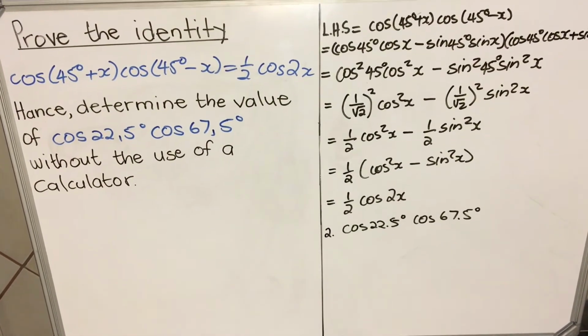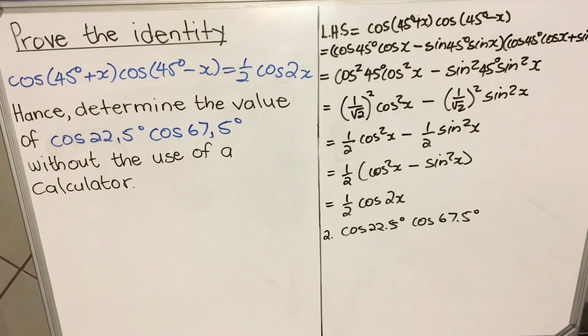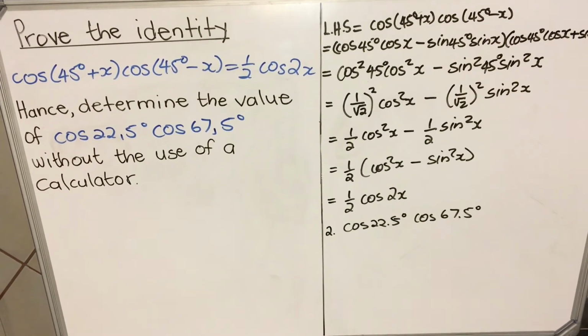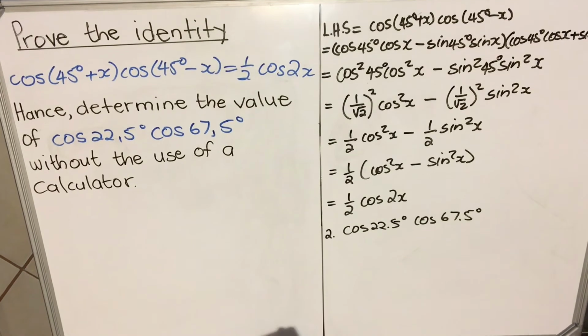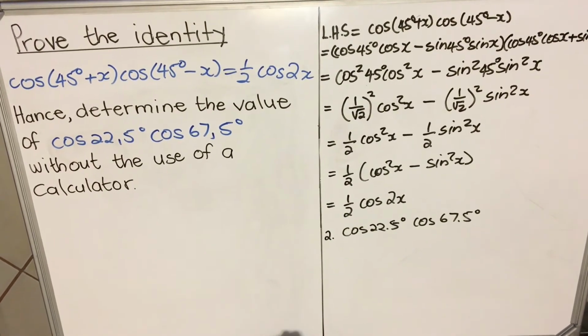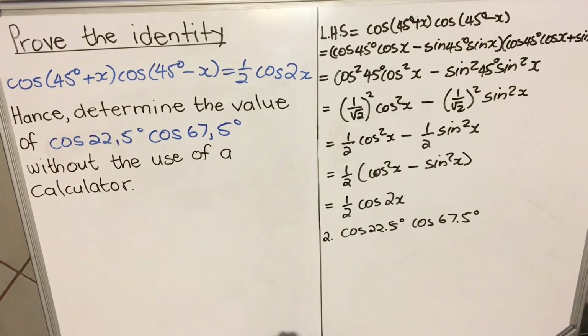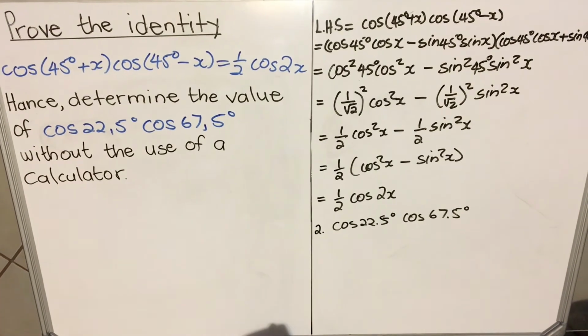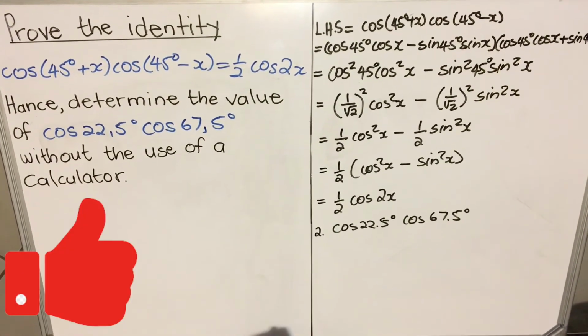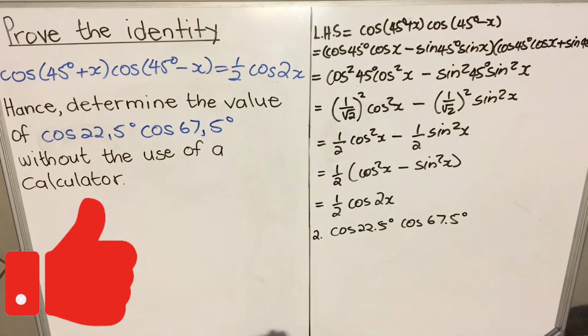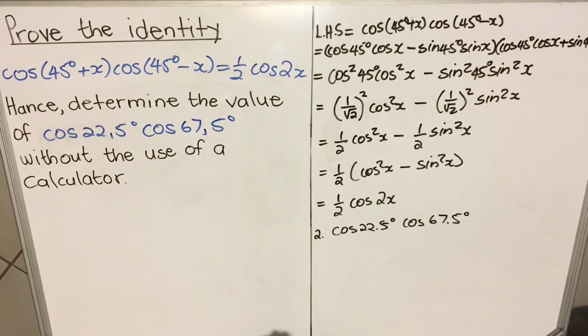Then you take your calculator and check: 45 minus 22.5.